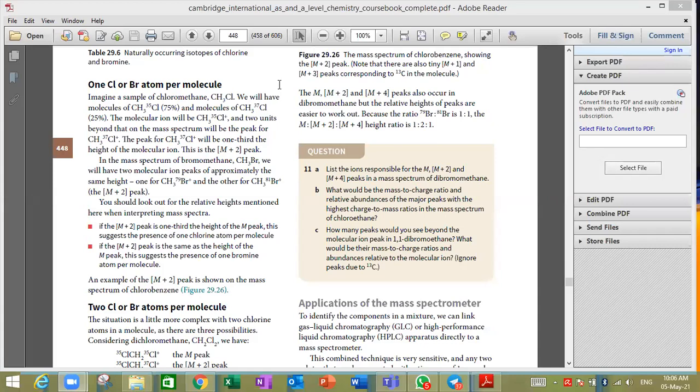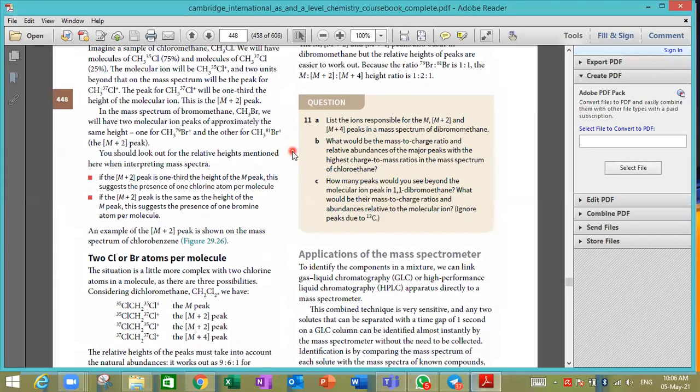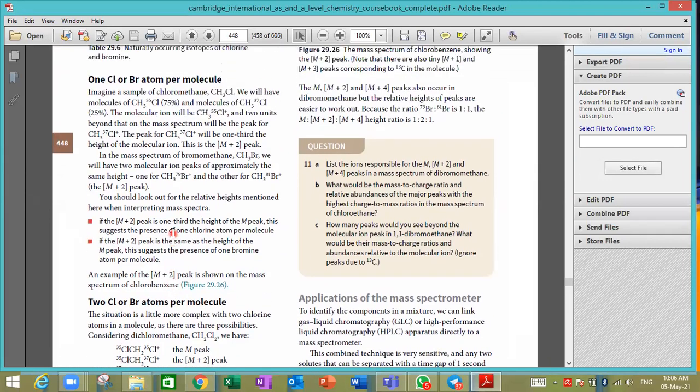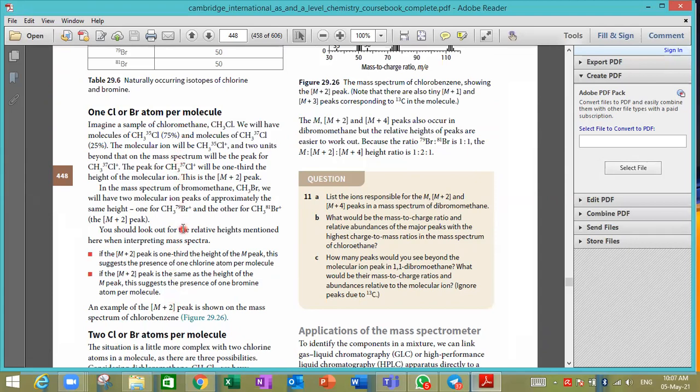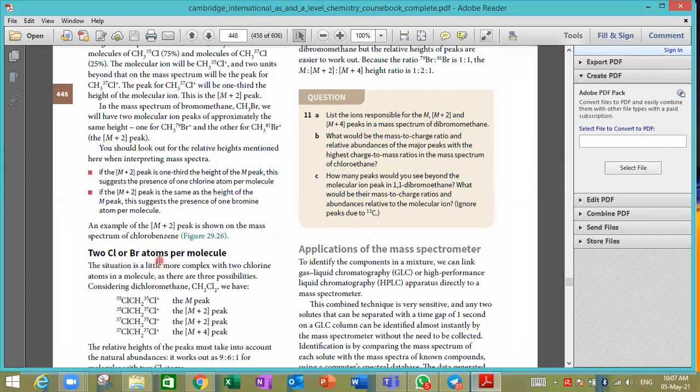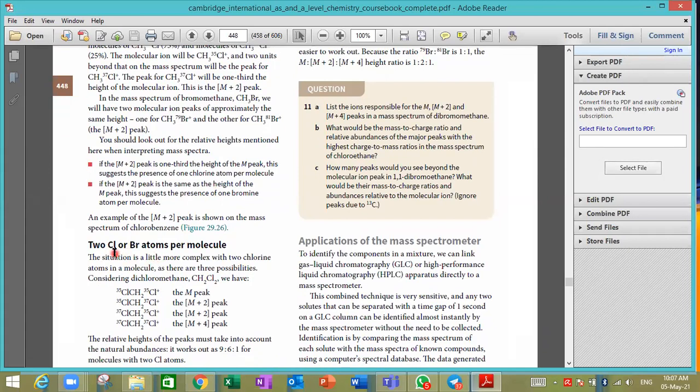Okay, so here, as you see, if we have this molecule, it is the same as I told you, so we don't have any other example. Now, what if we have 2 chlorine atoms or 2 bromine atoms instead of 1?